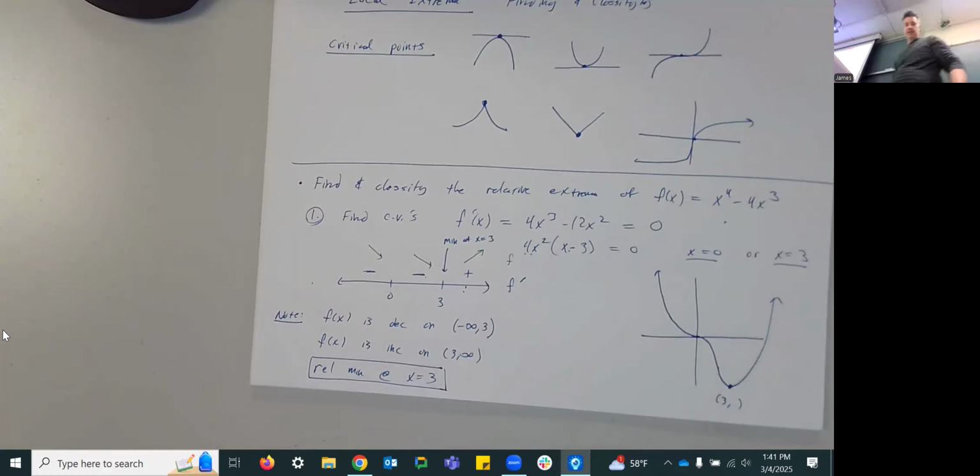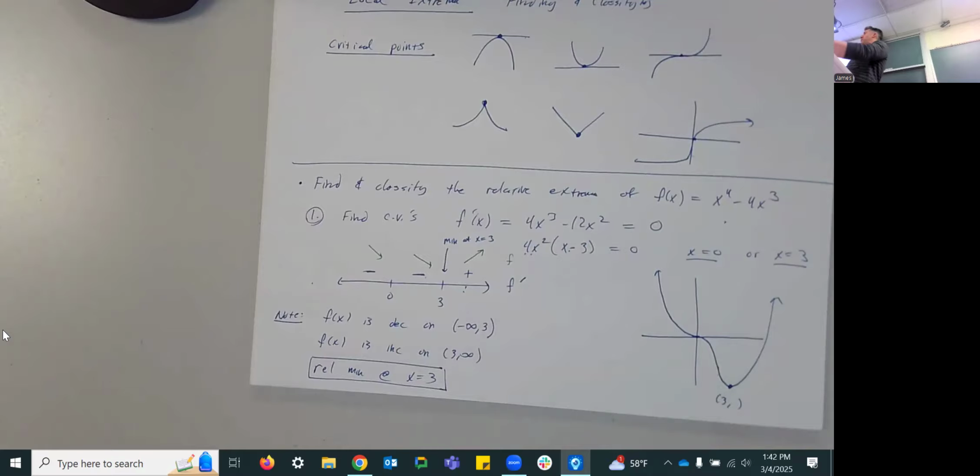So a relative minimum just means it's smaller than the things next to it, which this is. An absolute minimum means it's smaller than everything.